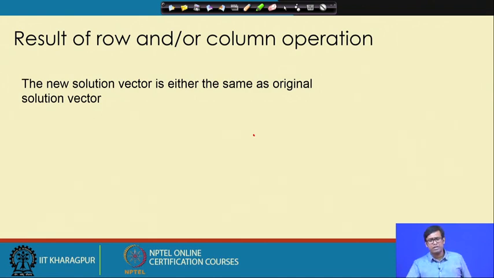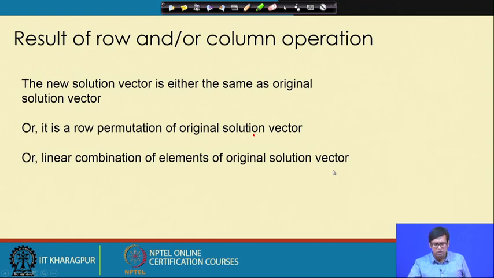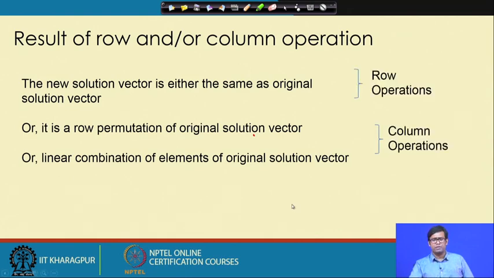The new solution vector is either the same as the original solution vector, which is for the row operation, the solution vector does not change, or the solution vector is a row permutation or linear combination of elements of the original solution vector, which is for column operation. So, this is row operation and this is column operation.